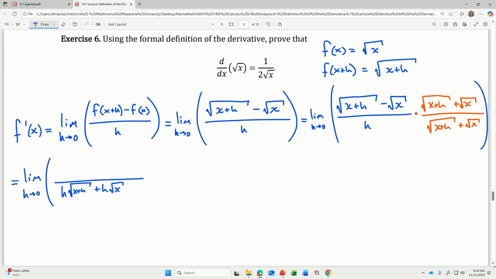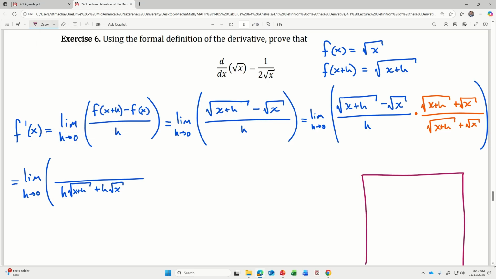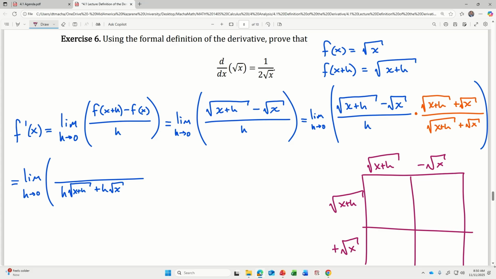In the numerator, I'm going to be a little bit more careful about how I multiply, because you've got to kind of FOIL this. Because in the numerator we've got square root of x plus h minus square root of x, times square root of x plus h plus square root of x.